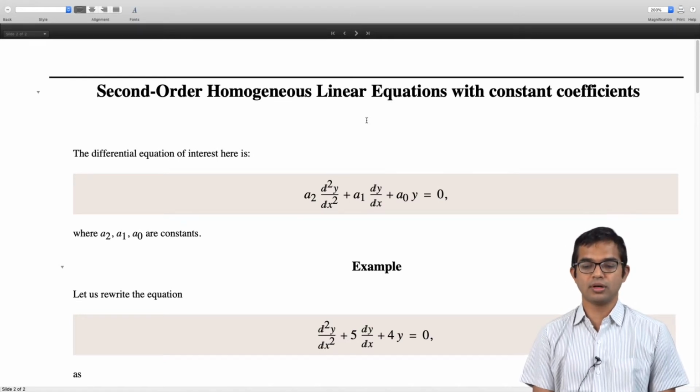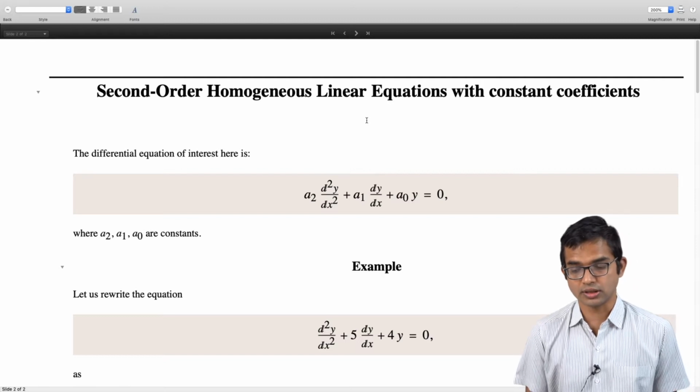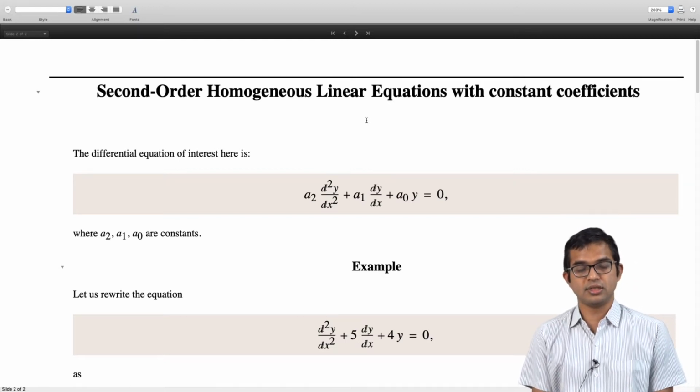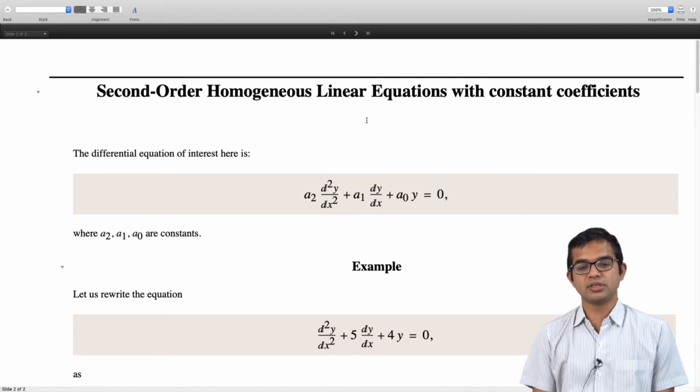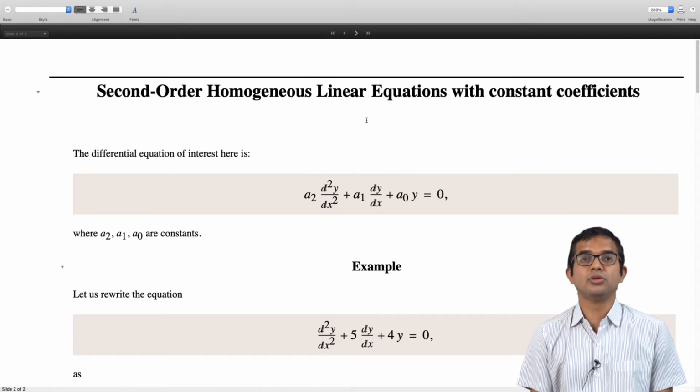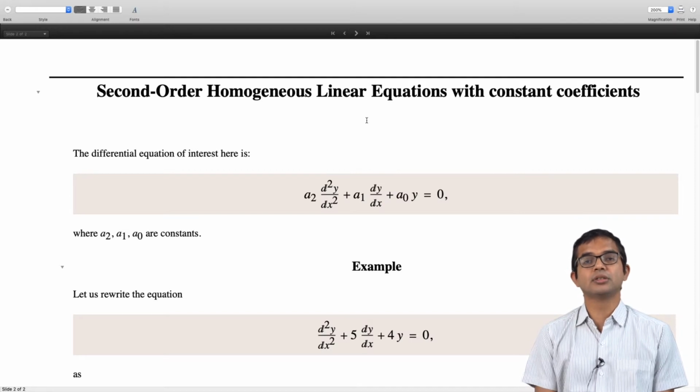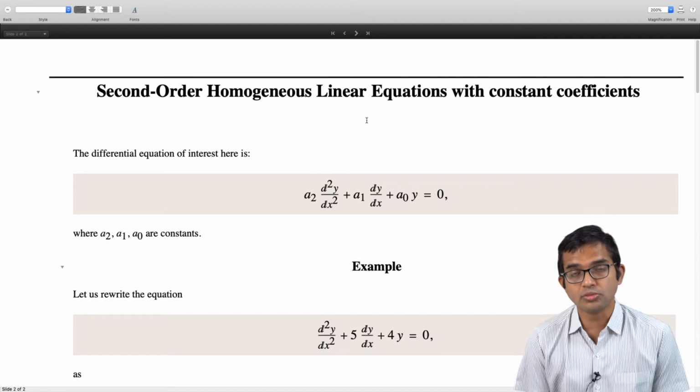So a2, a1 and a naught are all constants, and the right hand side is 0, which is what makes it a homogeneous differential equation. Later on we will see how we can use the solutions from the homogeneous differential equation to work out the general solution of the inhomogeneous differential equation.